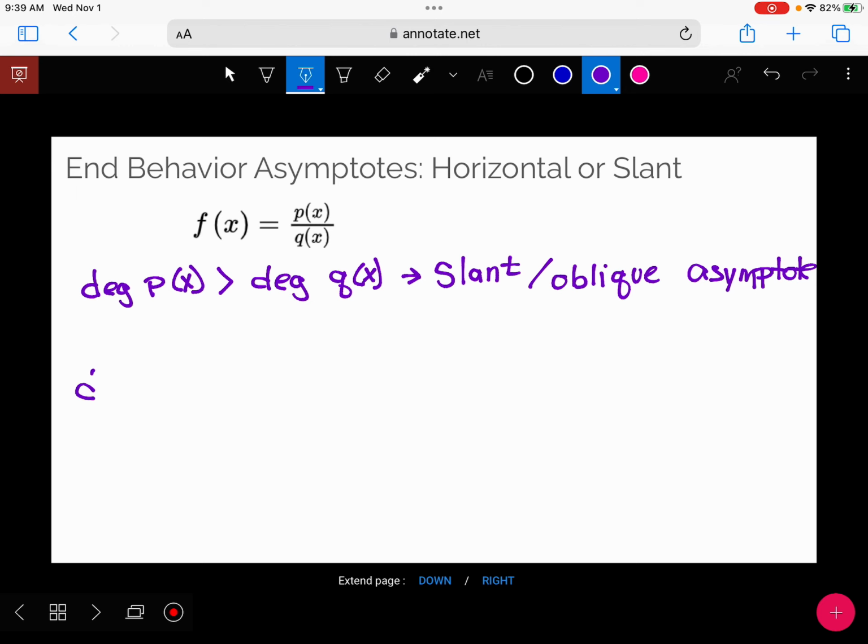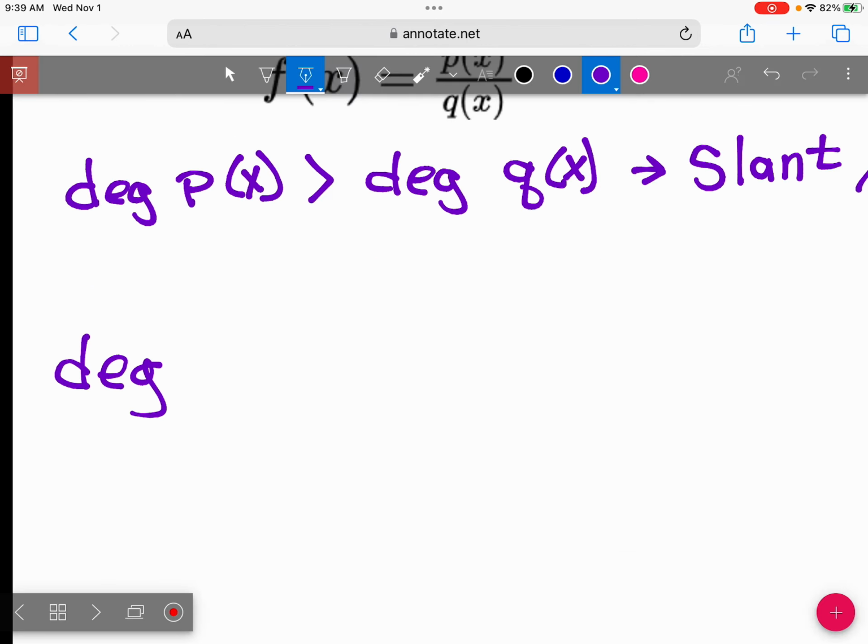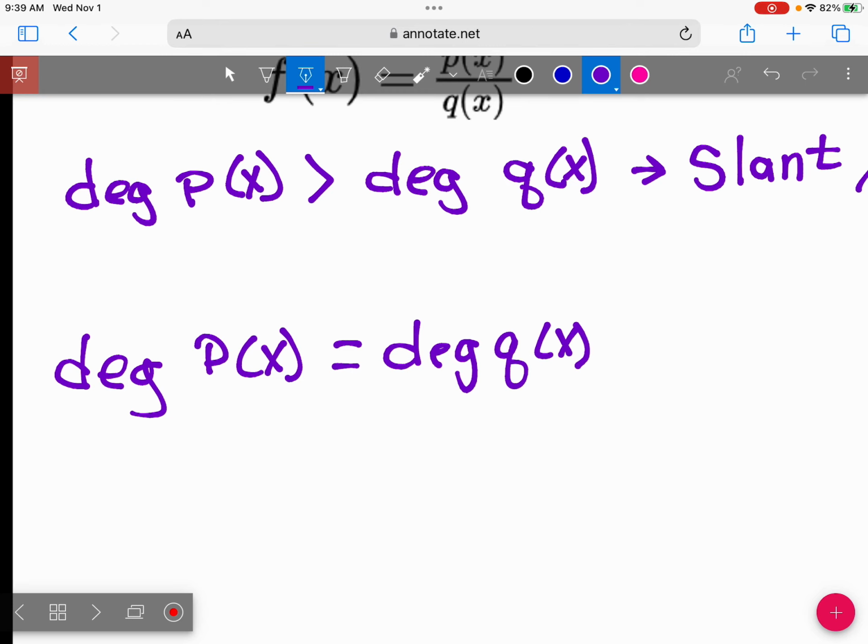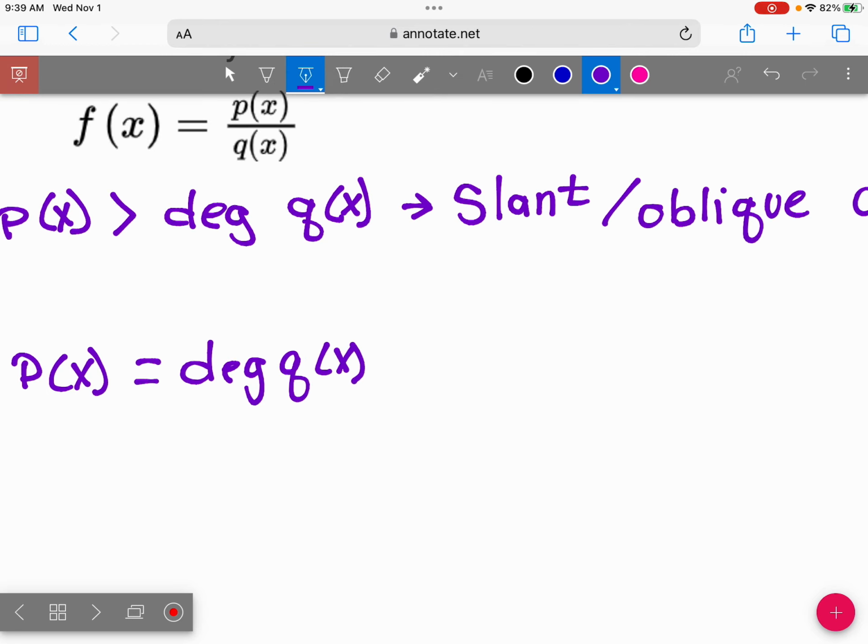If the degree of P of x is equal to the degree of Q of x, we're going to have a horizontal asymptote.